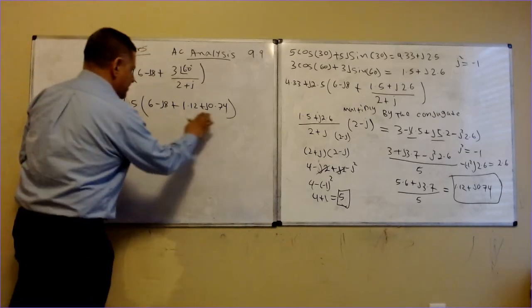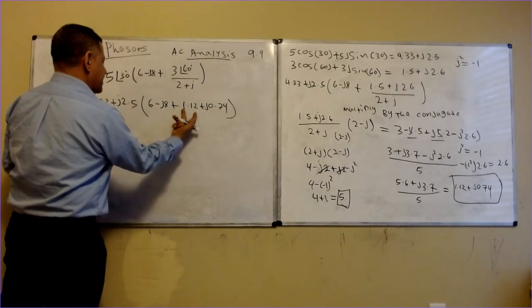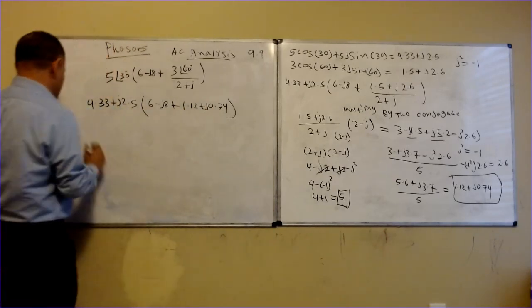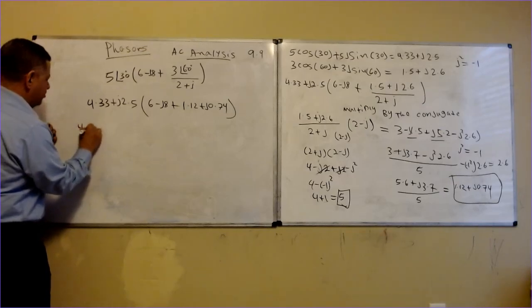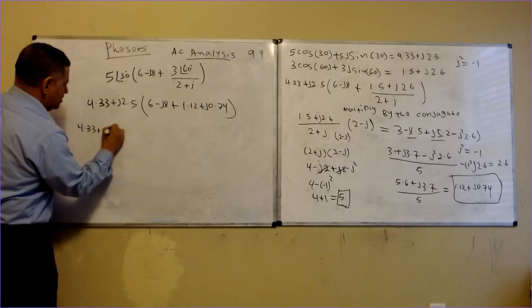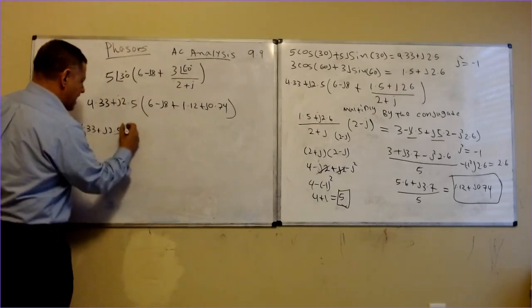Now, as you can see, I can add this to this, and this to this. So I got 4.33 plus J 2.5.